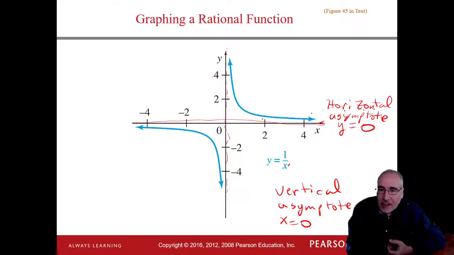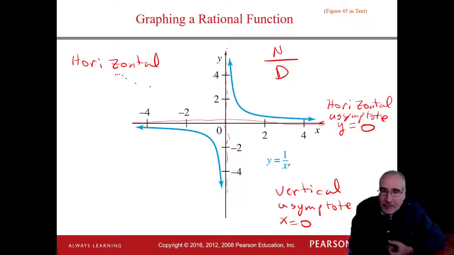And there are three things that could happen with the horizontal asymptote. So we've got the numerator over the denominator. We get y equals 0 whenever the degree of the denominator is bigger than the degree of the numerator.